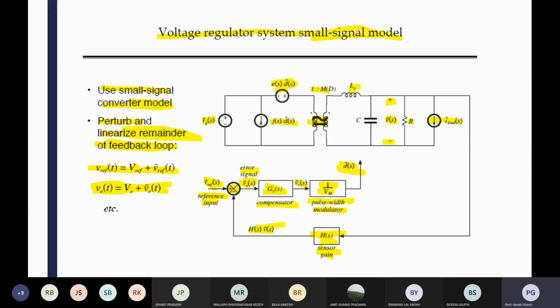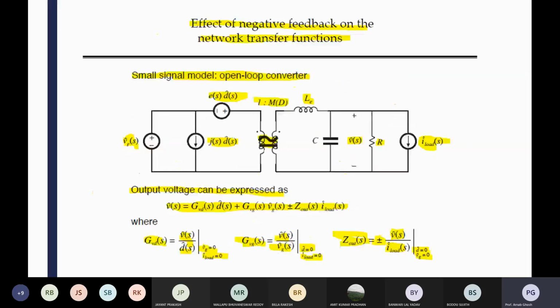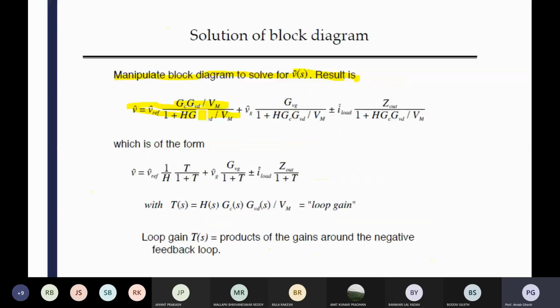You replace the expression for D cap S. In the feedback loop formulas you replace that value, and finally you get the expression: Vref times 1 by H times T by 1 plus T, plus V cap G times GVG by 1 plus T, plus or minus I load Z out by 1 plus T, with T of S equal to H of S, GC of S, GVD of S, whole divided by VM. So it is your loop gain.